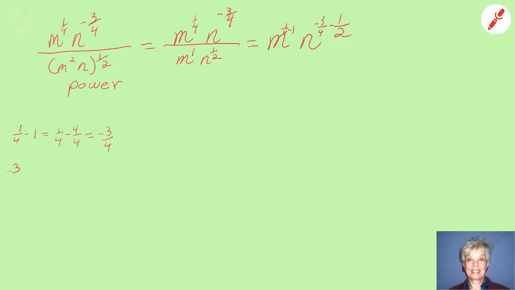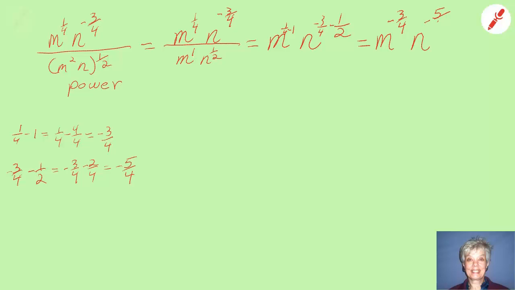Negative 3/4 minus 1/2, the other power, is going to be negative 3/4 minus 2/4, which will be negative 5/4. M to the negative 3/4, N to the negative 5/4.